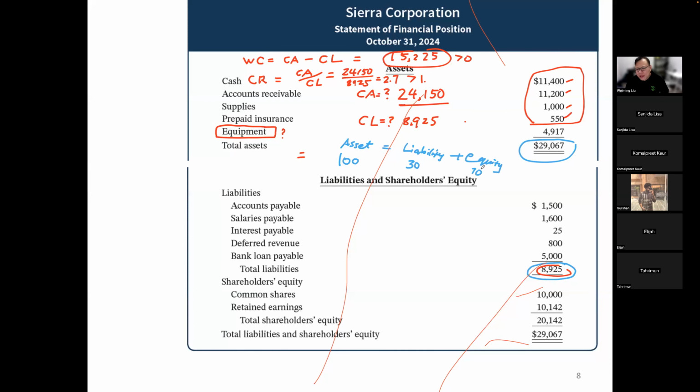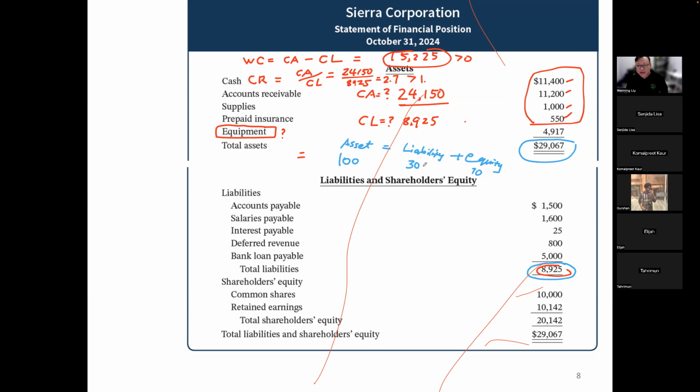Okay, so do you think this is good? So for the business, 30% is my debt, 70% is my own money. Do you think my company will have a long-term problem to survive? It's good, right? It's better than the opposite. Think about a company with 70% debt. We call it heavily leveraged.